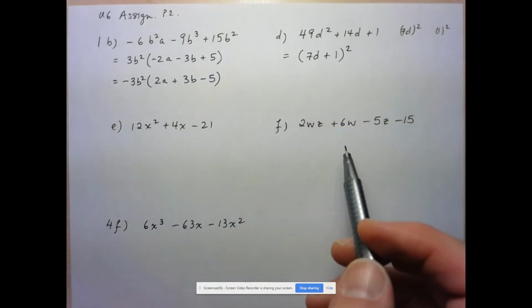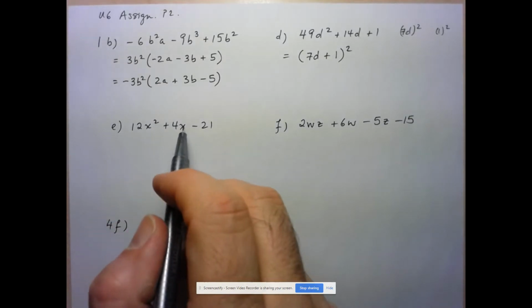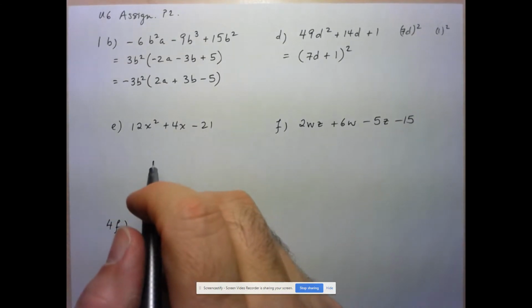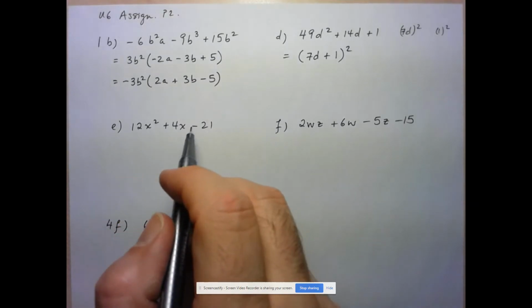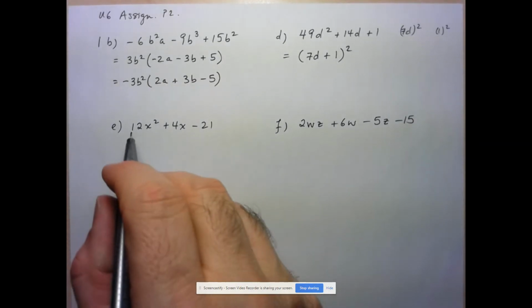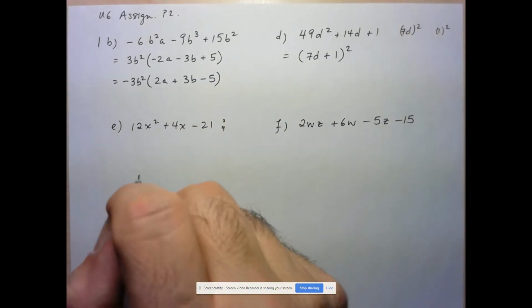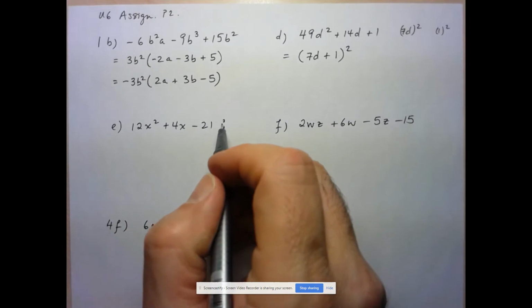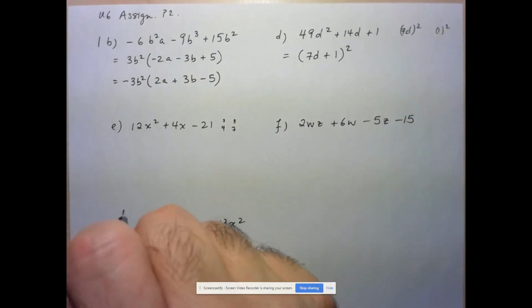All right, so let's move on to E here. So no common factors, so we're just going to have to factor the traditional method here. I've got to work with 12 and 21, which neither are prime. So I'll start with 3 and 4 for my 12, which represents the factors of 12, and let's do 3 and 7 for the 21.